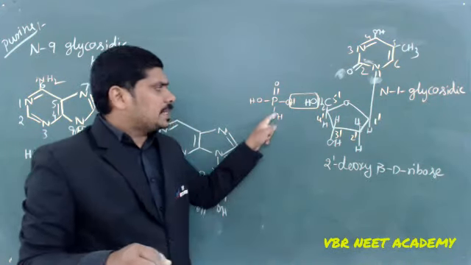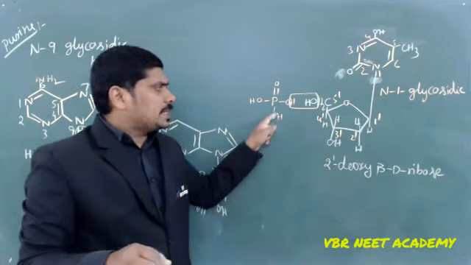This is called the N9 glycosidic bond. I have already shown it, but just for your clarity, I am writing it again. The N9 glycosidic bond is present between the ribose sugar and adenine.